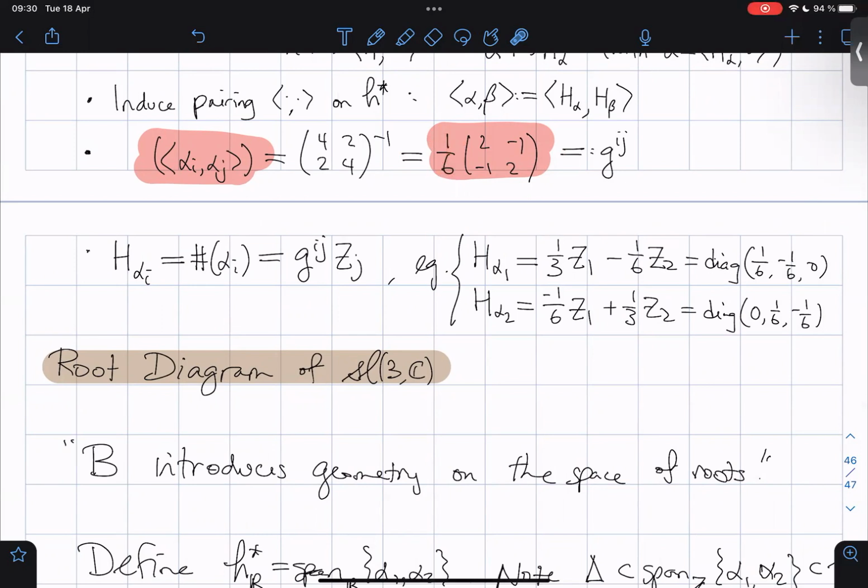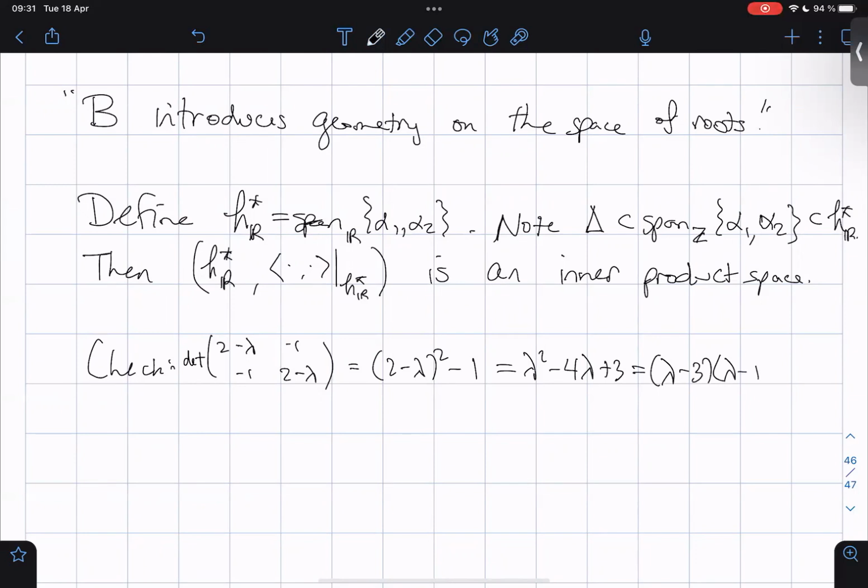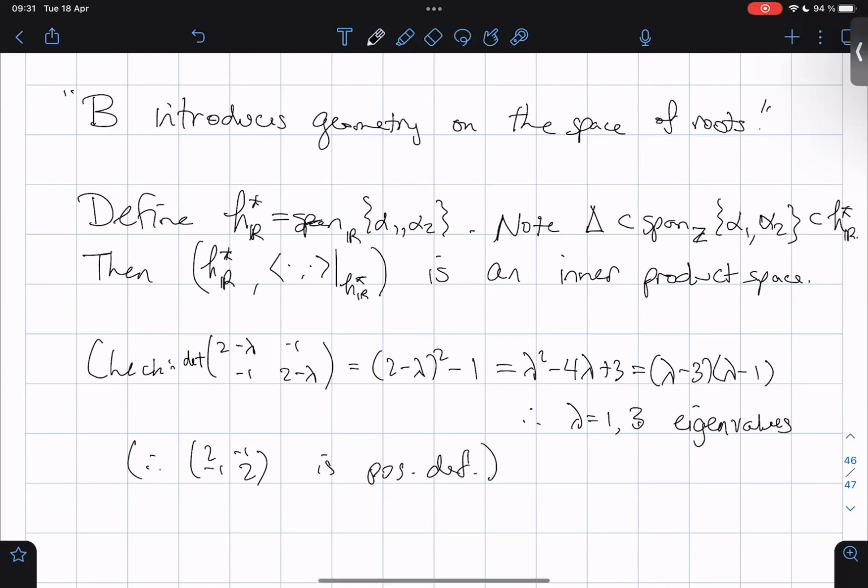If I calculate the eigenvalues of this matrix using the characteristic equation, we want to take the determinant. So this matrix is positive definite.